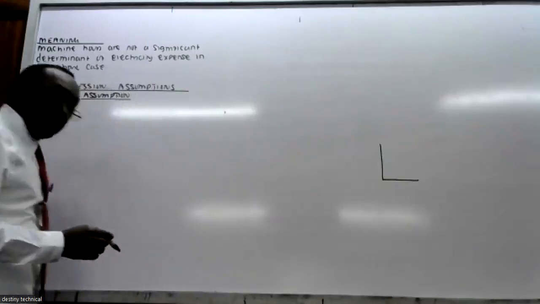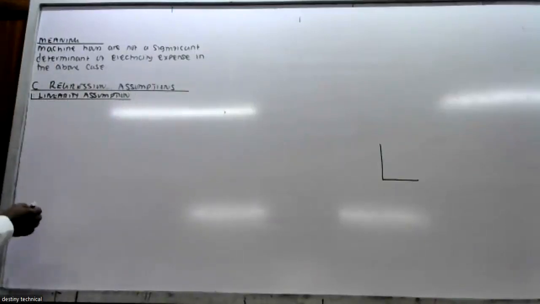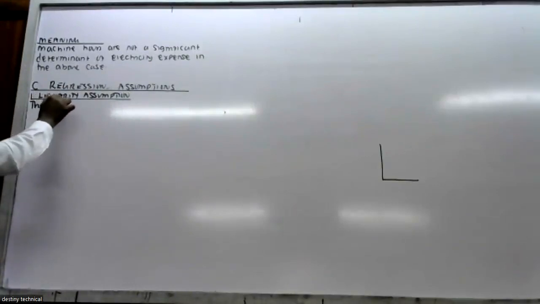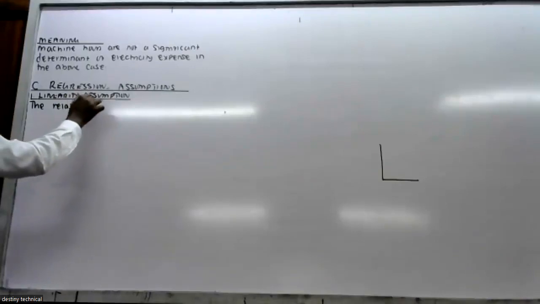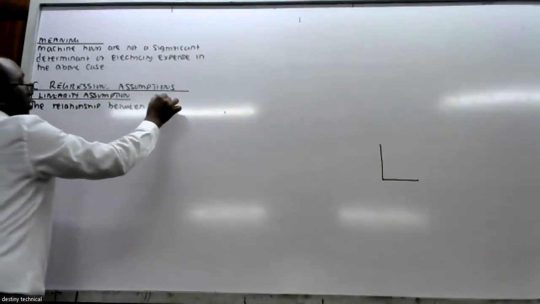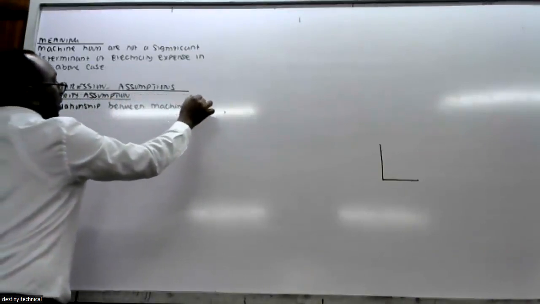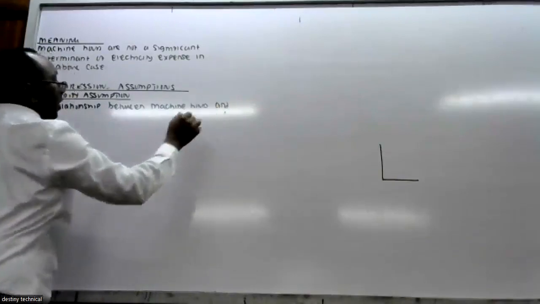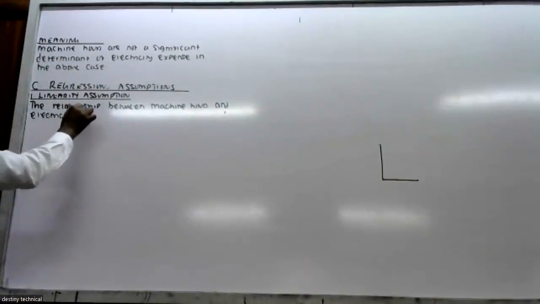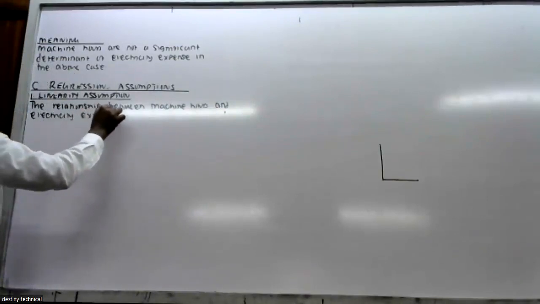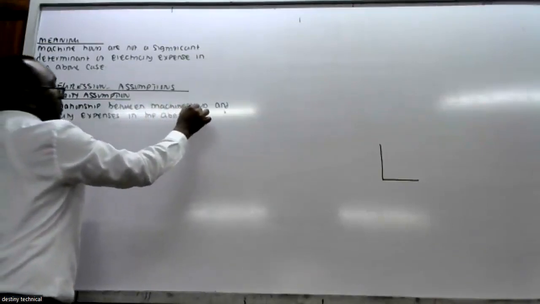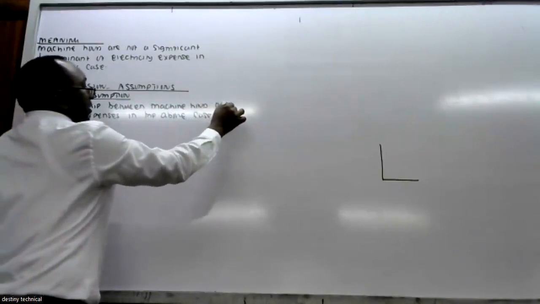So in our notes, you will write this. The relationship between machine hours and electricity expenses in the above case is linear.